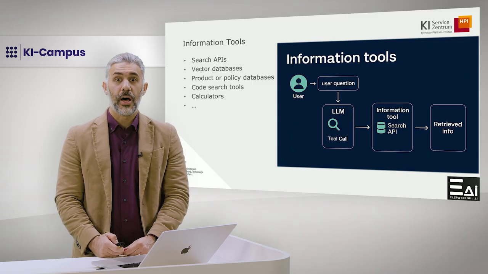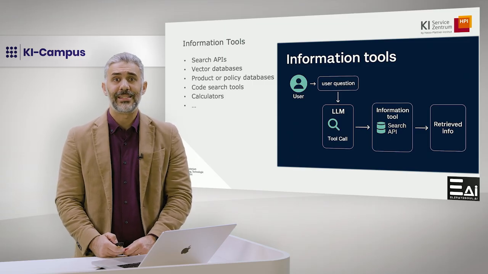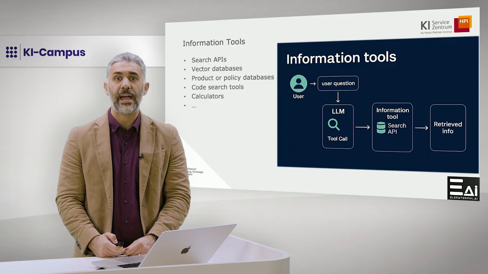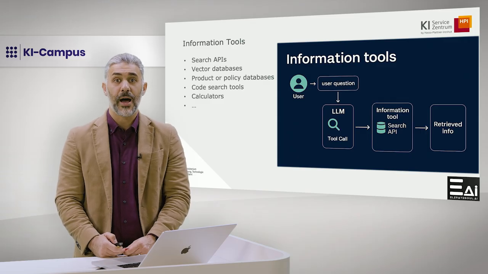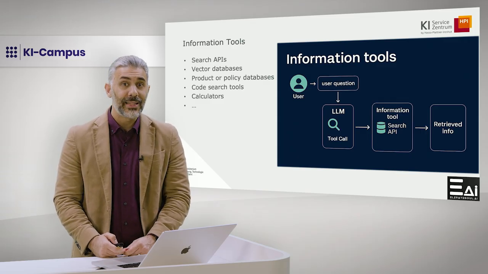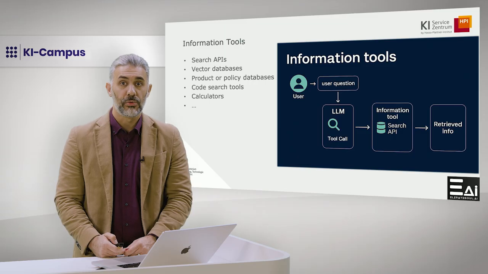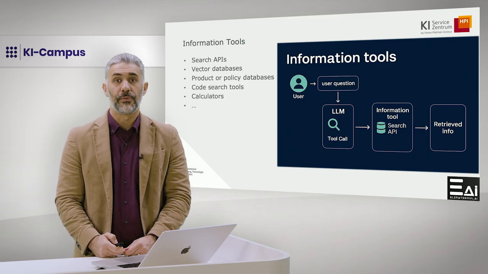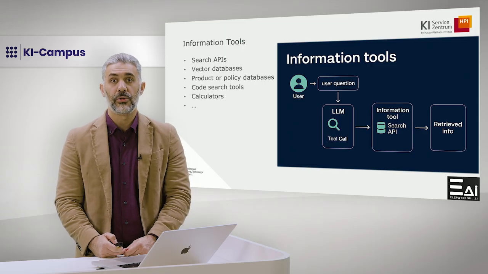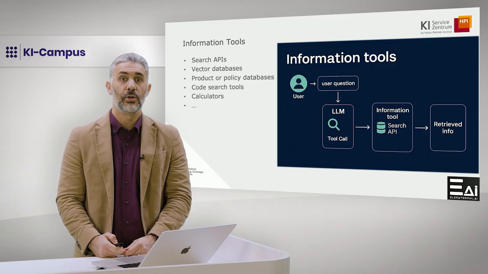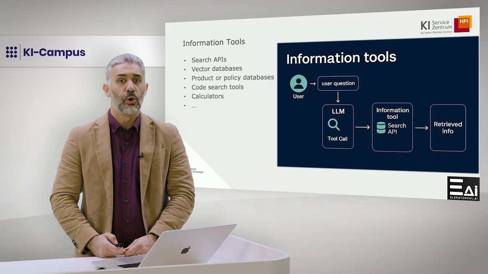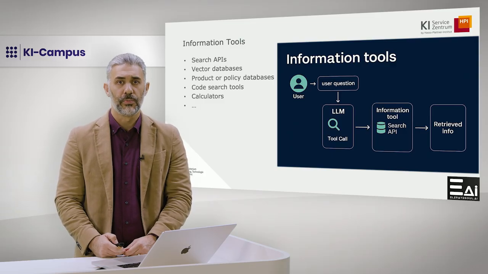Information tools allow the model to retrieve or look up data that it does not have. Large language models don't have access to the internet, databases, or company knowledge by default. So if the model needs facts, documents, or current information, it must call a tool that can provide it. Common examples of information tools include search APIs for live information like news, prices, or weather; vector databases for retrieving documents using semantic search; product or policy databases for company-specific knowledge; code search tools to find relevant functions in a code base.